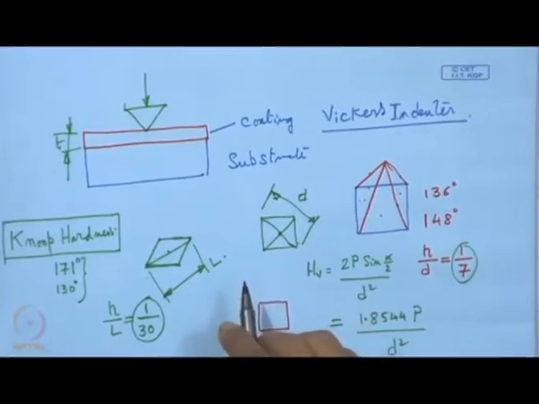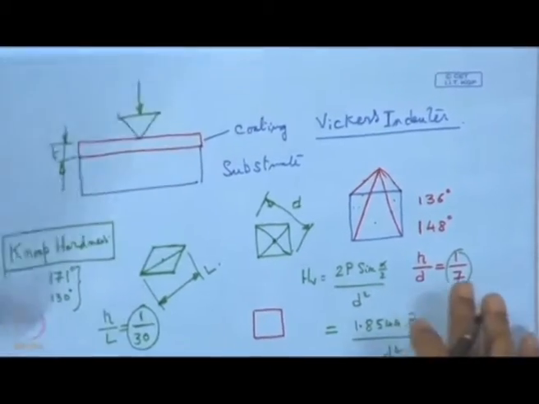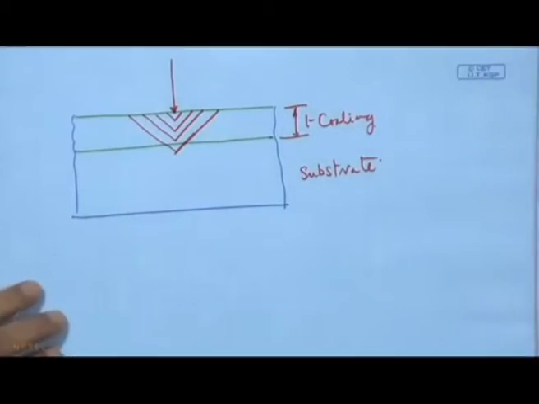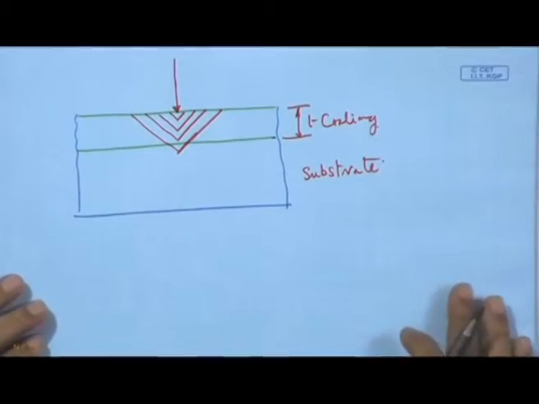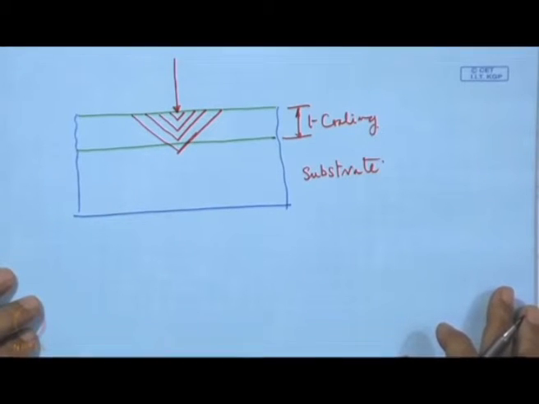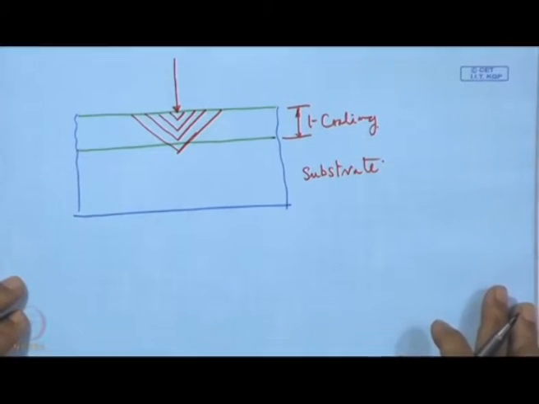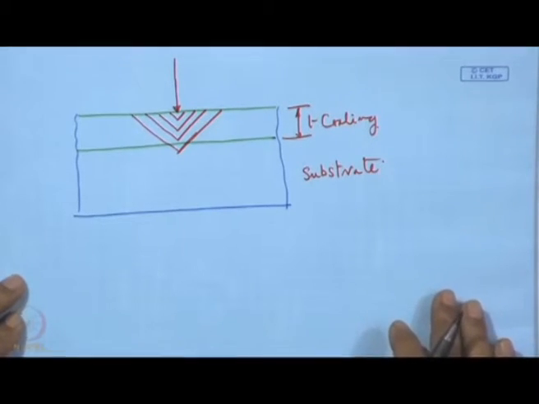If the coating surface is not smooth or it is not properly aligned, then there is a problem in detecting the diagonal, and then the measurement of the length of the diagonal becomes more complicated.